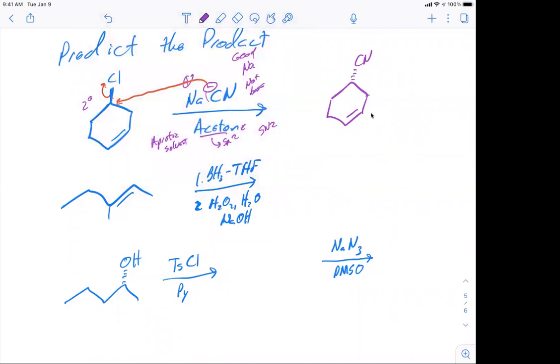Okay. If we look at the next one, we have hydroboration oxidation. So the BH3, we're going to add the boron and the hydrogen to the same side, and then we're going to replace the boron to give us the alcohol. So I can go ahead and show some stereochemistry here.